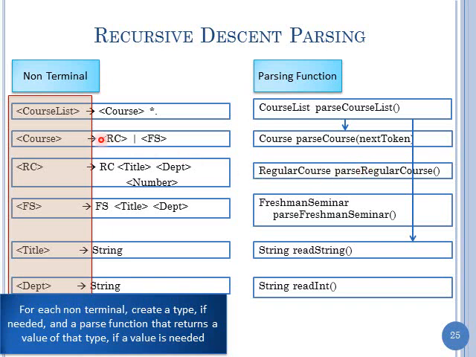If a non-terminal derives another non-terminal, then the parse method for that non-terminal will call the parse method for that derived non-terminal. So the parse method for this will call the parse method for this, and so forth. And finally, we're calling the scan methods when you see terminals. Now, why do you think this is called recursive?